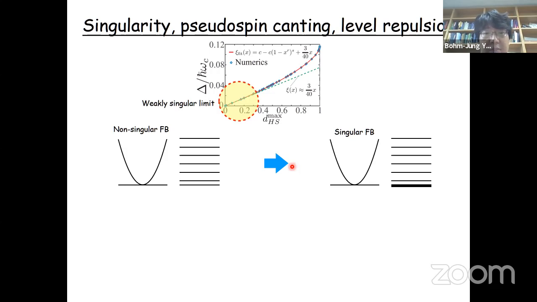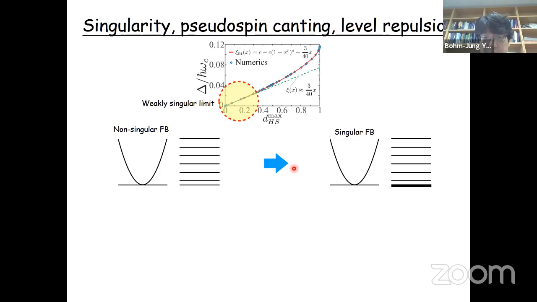So here let me explain how the singularity and the pseudospin canting are related to this spreading of the Landau level. To see that, let's look at the weakly singular limit with a small quantum distance, where analytic treatment is possible. In this limit, the Hamiltonian for the singular flat band can be obtained by starting from the Hamiltonian for the non-singular flat band and adding a small perturbation.